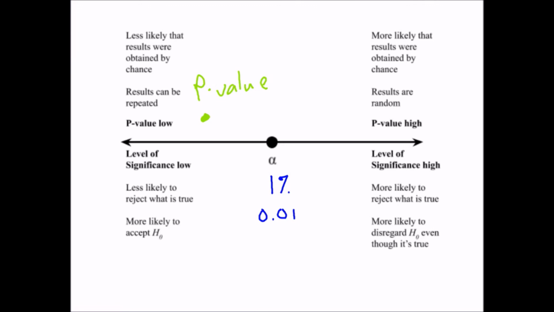And then we adopt the alternate hypothesis. You can kind of see on the left why that might be true. If the p-value is actually over here, this is where we fail to reject.